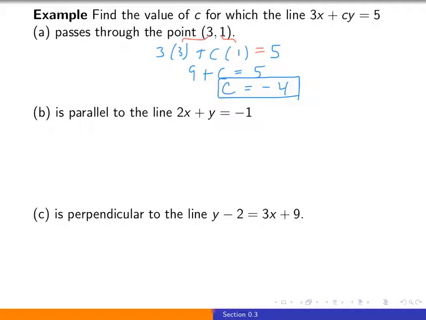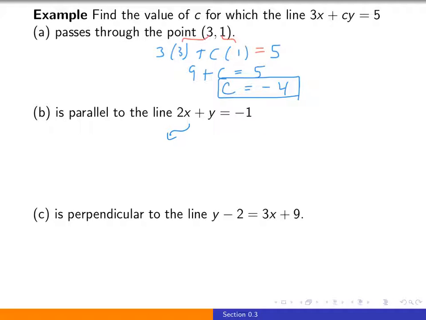For part B, we would like to know what value of c will make this given line parallel to the line 2x plus y equals minus 1. Now recall that two lines are parallel if and only if they have the same slope. So let's put both of these lines in that slope-intercept form.